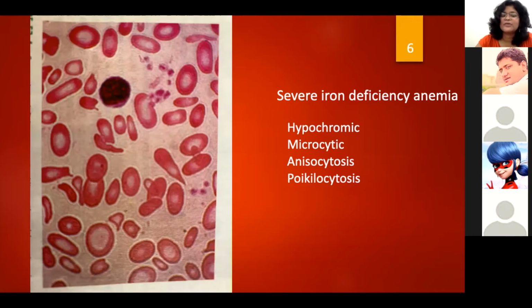And this coincides with the RDW, which is the red cell distribution width. So the higher the RDW, the more the anisocytosis. Poikilocytosis refers to the difference in the shape. The shapes differ so much. You can see some look elongated, some look short, some look oval. The difference in the shapes is what is called poikilocytosis. This is the picture of severe iron deficiency anemia.